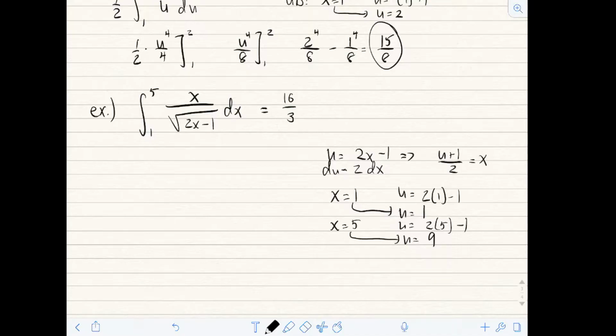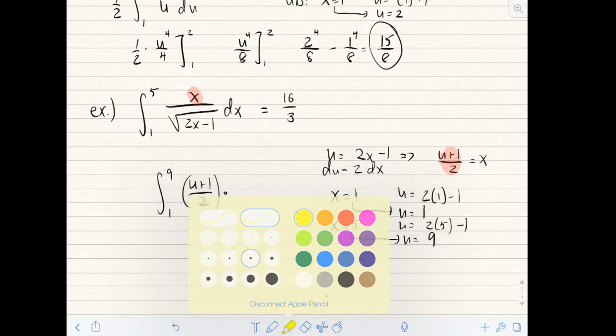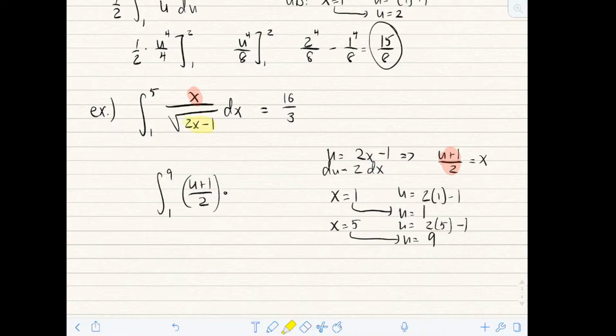So now let's replace some things. I'm going to go from the integral from 1 to 9. Replace x right here with this value, u plus 1 over 2, and then multiplied. Now, keep in mind that this right here is my u value.